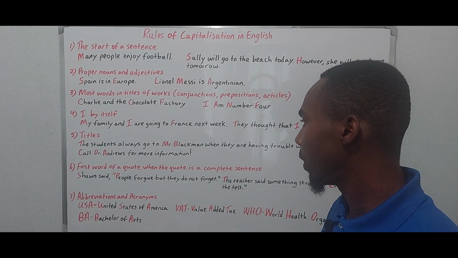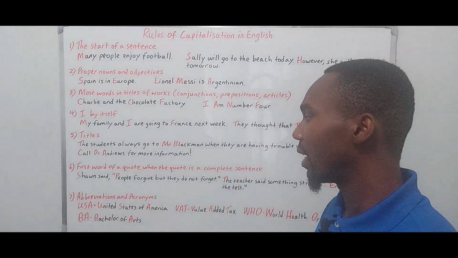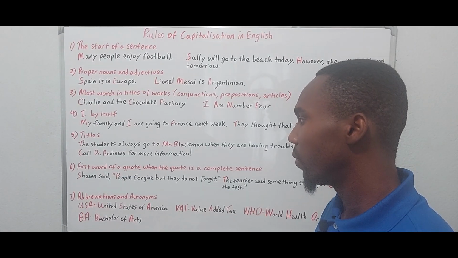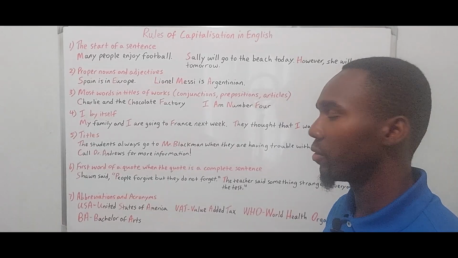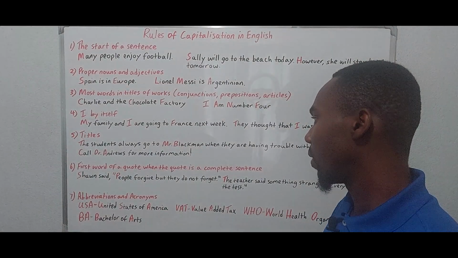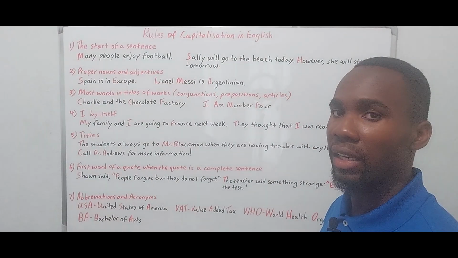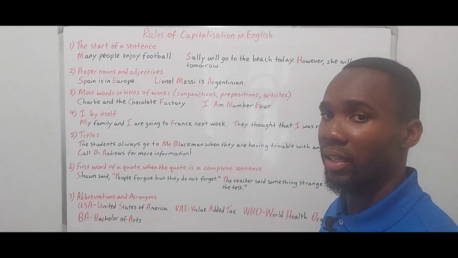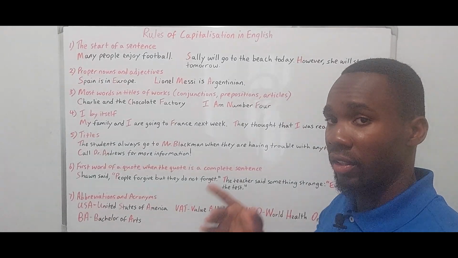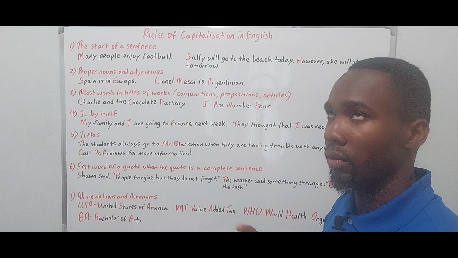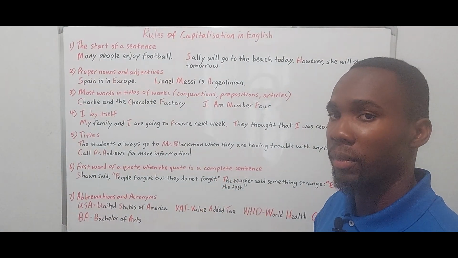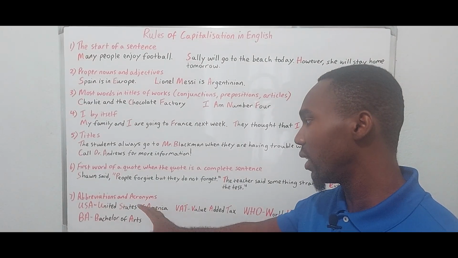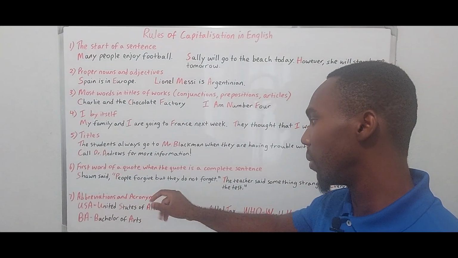7, abbreviations and acronyms. So usually shortened forms of countries, organizations, etc. We capitalize every single letter, not just the initial letter. So USA, United States of America.